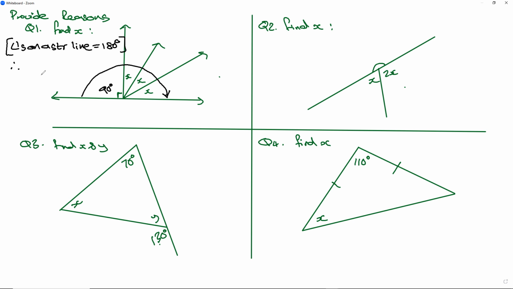So therefore, if I add all the angles up, 90 plus 3x, because that part over there is x plus x plus x, which is 3x, will equal 180 degrees. Minusing 90 on both sides, 3x equals 90, and dividing by 3 on both sides gets you x equals 30 degrees.